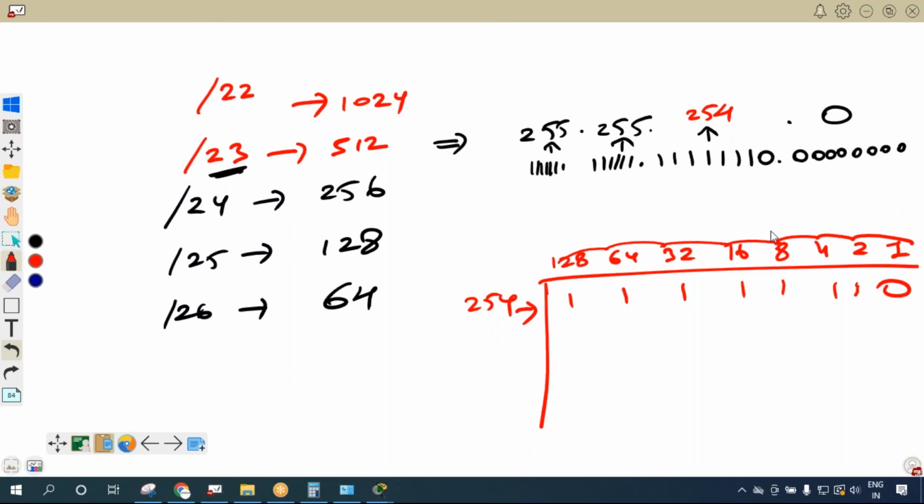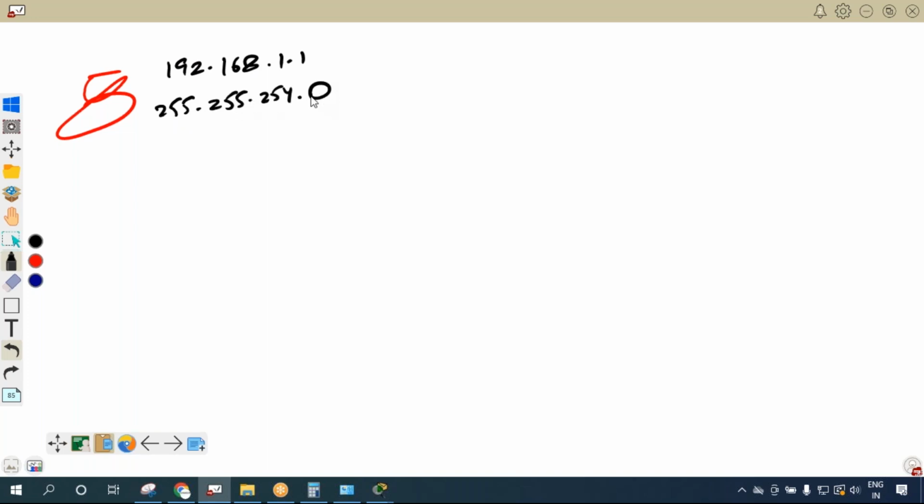My dear friends, normally you will not see this subnet mask, but I'm giving it for understanding. If you see this subnet mask, how do you perform subnetting? Imagine in a PC you see the IP 192.168.1.1 and the subnet mask 255.255.254.0. How are you going to perform subnetting? You will do the same thing. First convert this to slash notation.